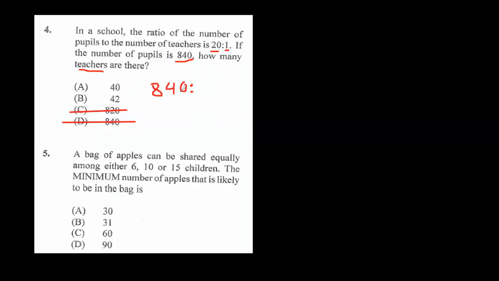What we can do, as I said before, is use the answers to get to the answer. So we can use 4 and see if we get 20:1. Divide both sides by 40 and see what we get. Right?